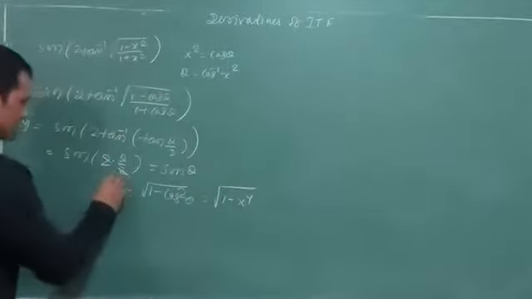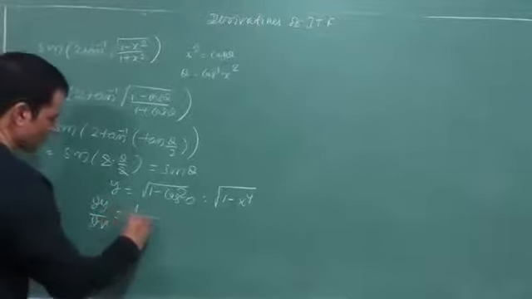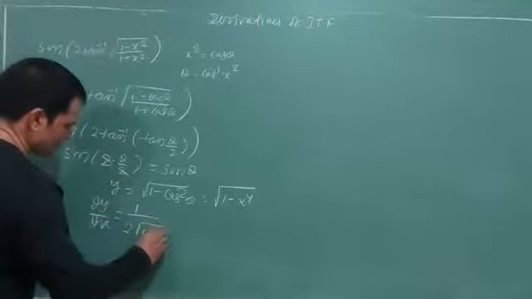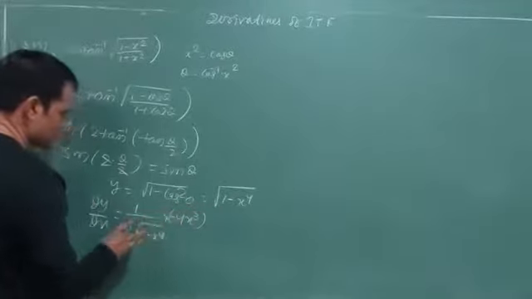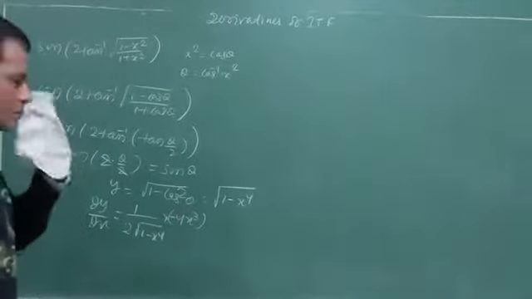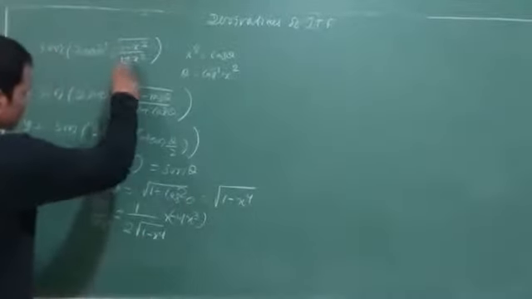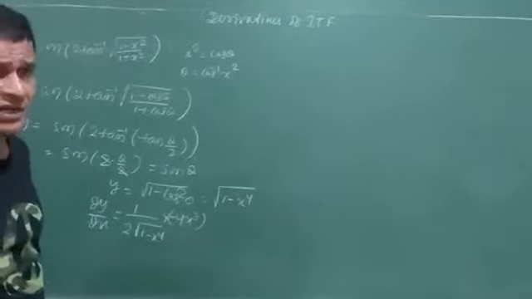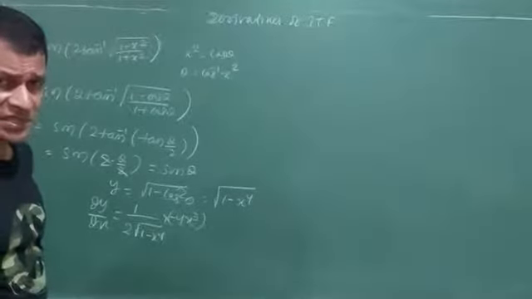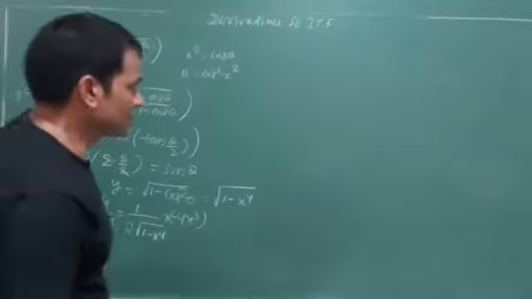Now we find the derivative. dy by dx is equal to 1 by 2 under root 1 minus x to the power 4 into minus 4x cube. The calculation you do and cancel it. Okay? So you have to look at the question and see what to assume, because the same question in simplification, derivative, integration, so many places it is going to be used. So you need to practice them very well. The next comes yours.